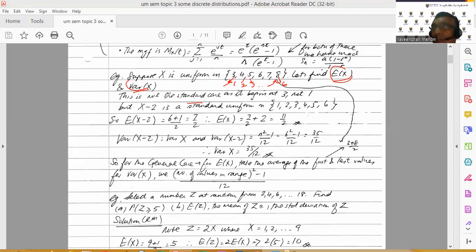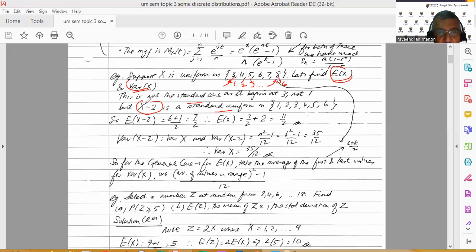So instead of looking at this complicated problem, if I can use the word complicated, I am going to define X minus 2, because the minute I take X minus 2, I have a standard uniform. 3 minus 2 is 1, 4 minus 2 is 2, 5 minus 2 is 3, and so on, right up to 8 minus 2 is 6.